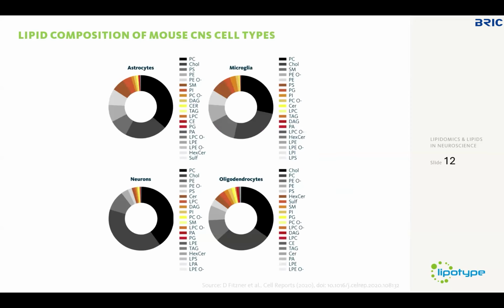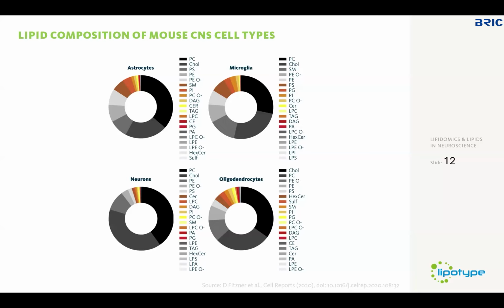And if we do the deep dive into the lipid composition itself, then we see that in neurons, for example, phosphatidylcholine, phosphatidylethanolamine, and cholesterol are the most abundant species.